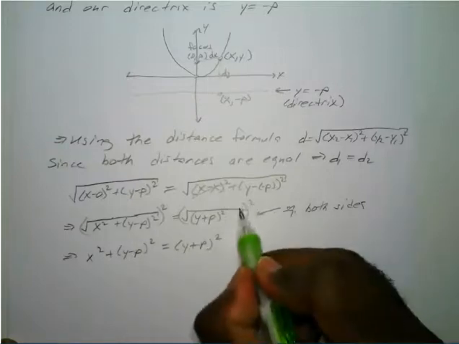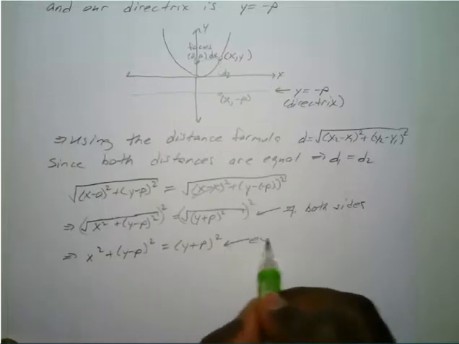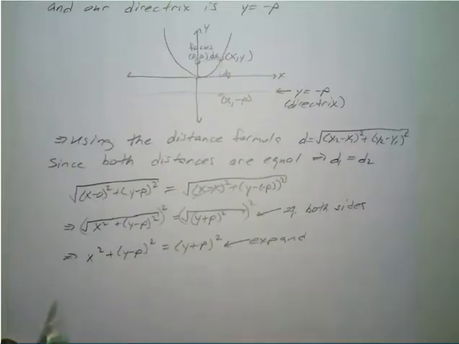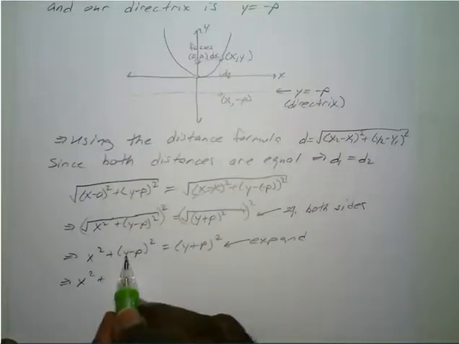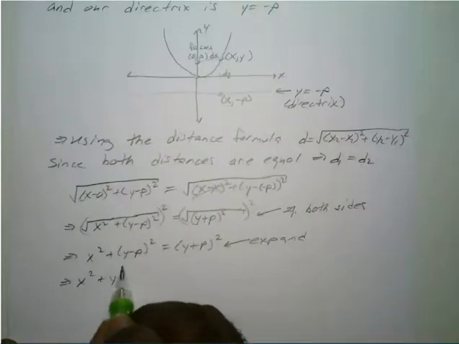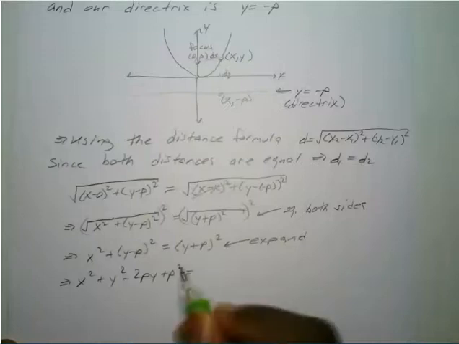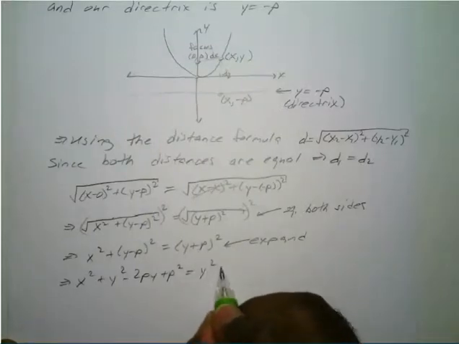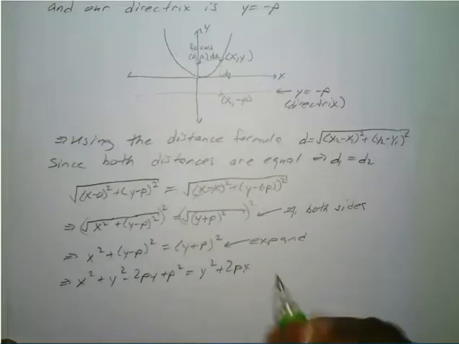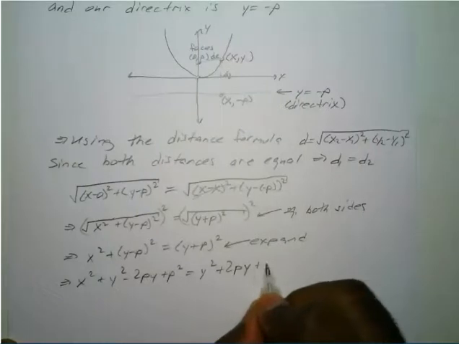If we expand both, we have x squared plus, making (y minus p) times (y minus p), y squared minus 2py plus p squared, equals, making (y plus p) times (y plus p), y squared plus 2py plus p squared.